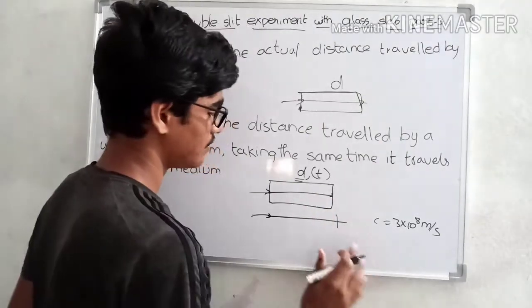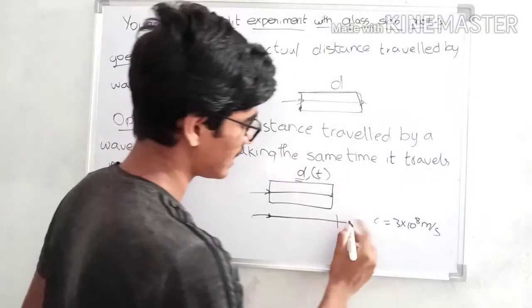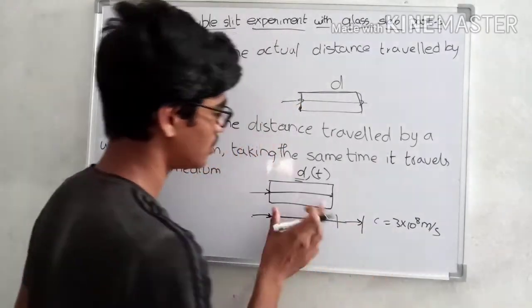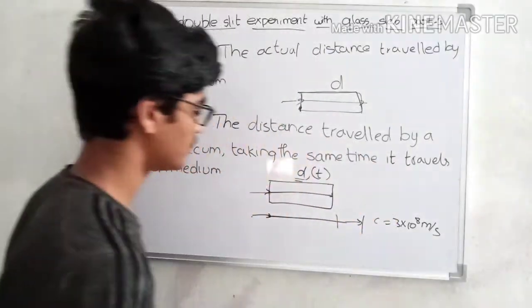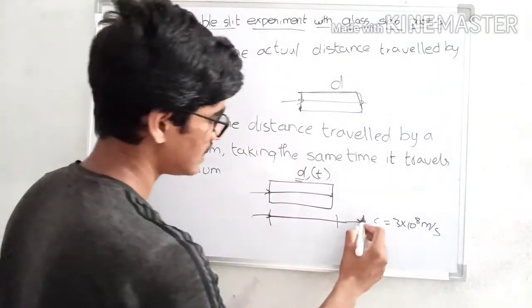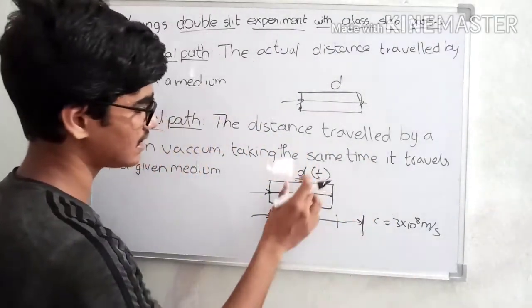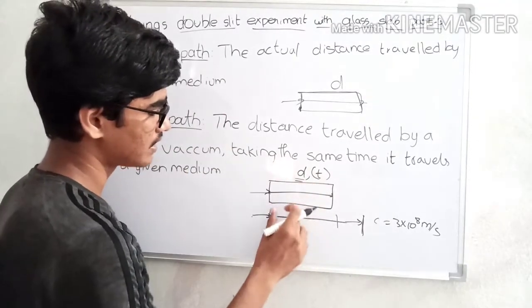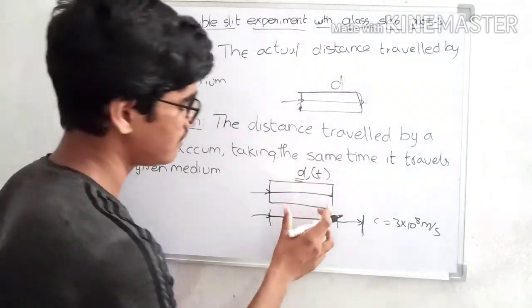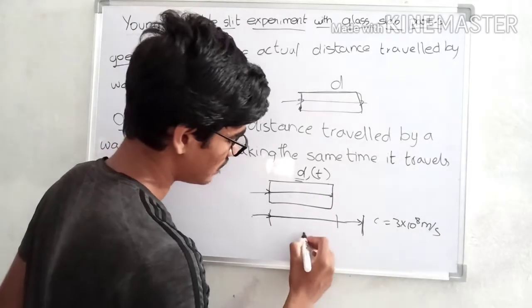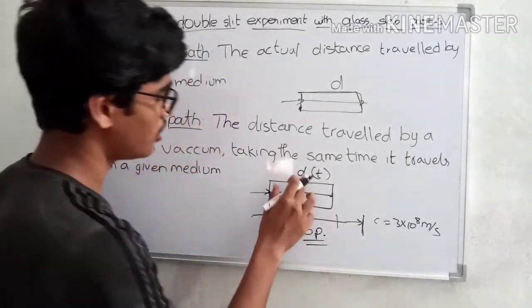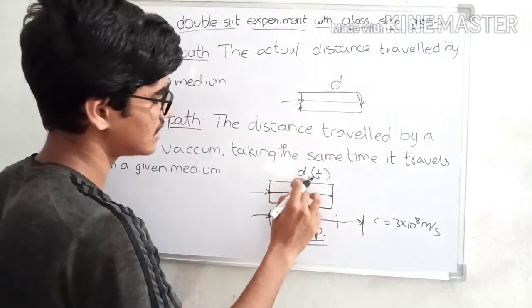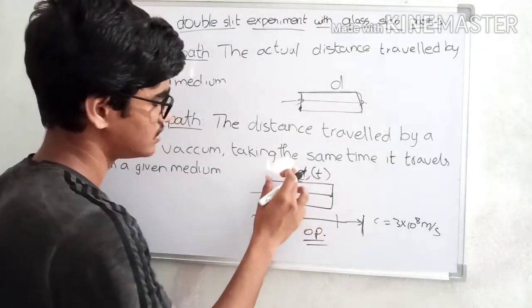So in vacuum, the ray covers more distance than it covers in a slab. The distance covered in vacuum in the same time it traveled in a medium is called the optical path, and this distance d is called the geometrical path.